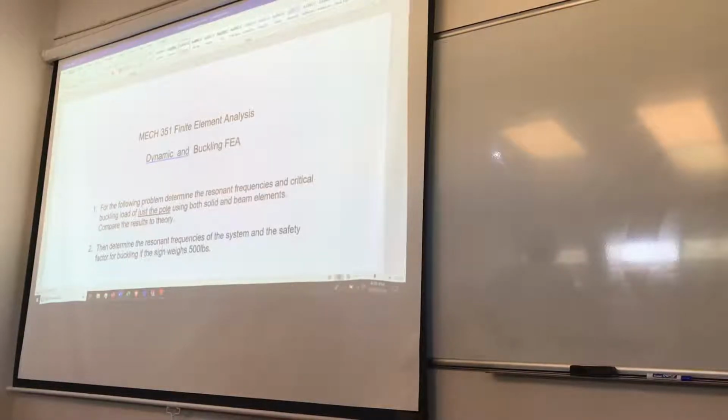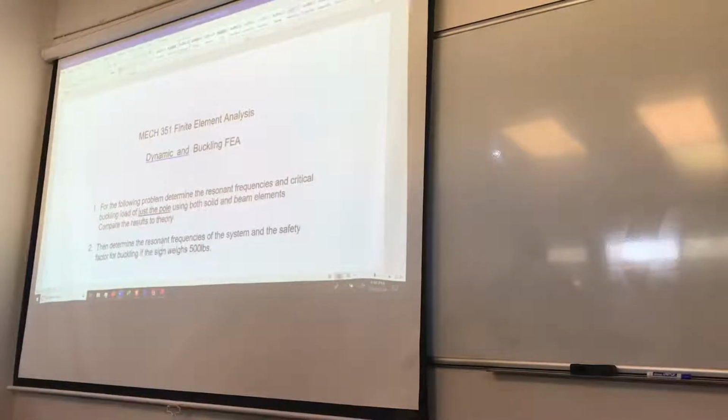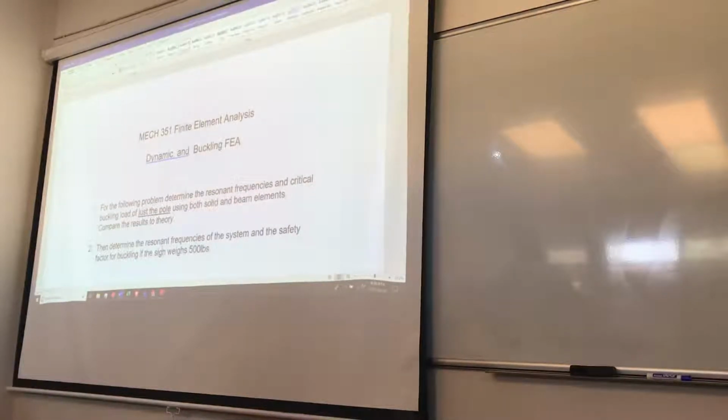And then we'll do buckling analysis, which usually is something resembling Euler analysis. It has the same shortcomings that Euler analysis does, and that is it's not all that great.